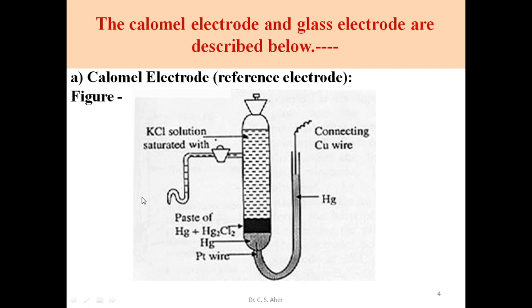So this is the calomel electrode. In the exam there may be a question: write a note on calomel electrode, or working of calomel electrode. So we have this diagram, and we explain the different parts to explain the calomel electrode. Working we see in the next slide.